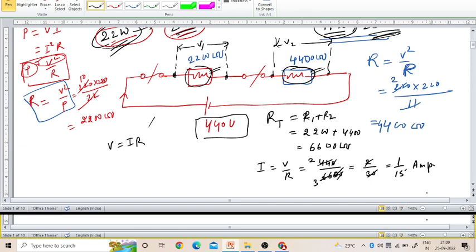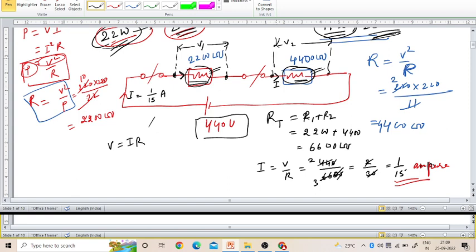Remember, ampere is written with a small letter because we are writing the full name of the scientist. So this is the current in the circuit. The same current, 1 by 15 ampere, flows through both resistances.